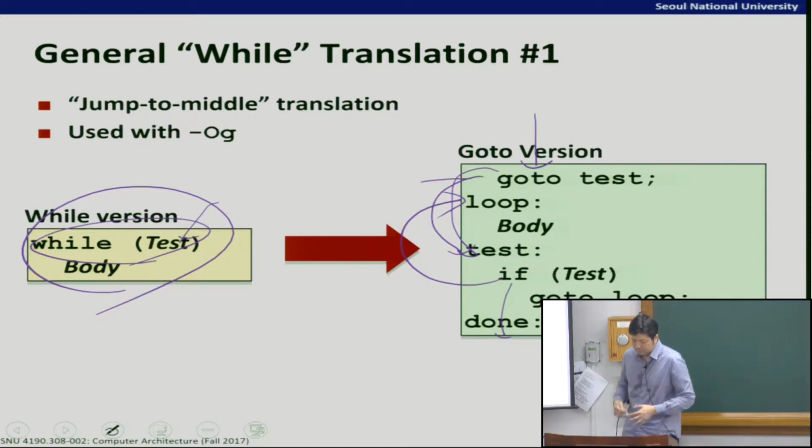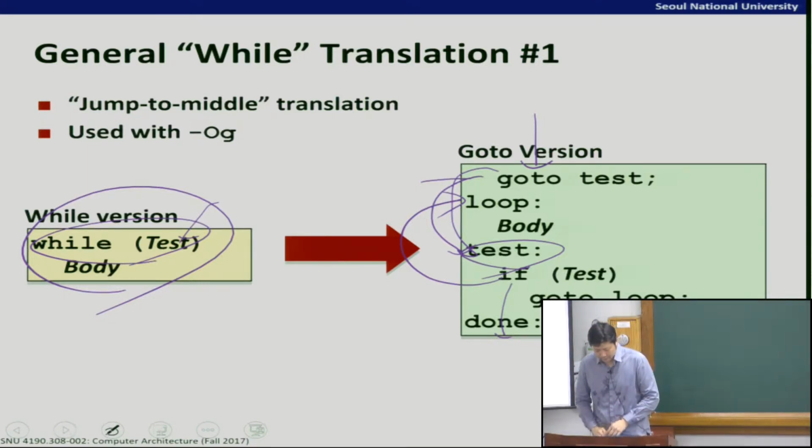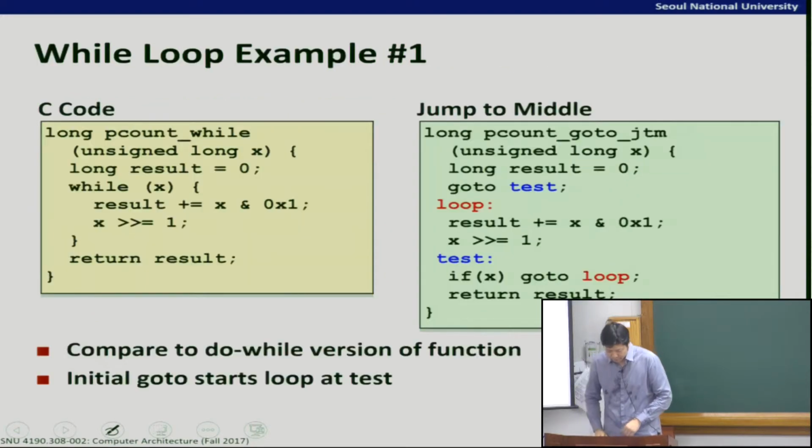So that's how we implement this while loop. This is called the jump-to-the-middle version, because in the beginning, we simply jump to the middle of the loop, the test part. Then we first execute the test, and if it's true, we go back to the loop header. Otherwise, we simply exit the loop, right? So that's the jump-to-the-middle version. So if you translate this C code, let's say you use a while loop here.